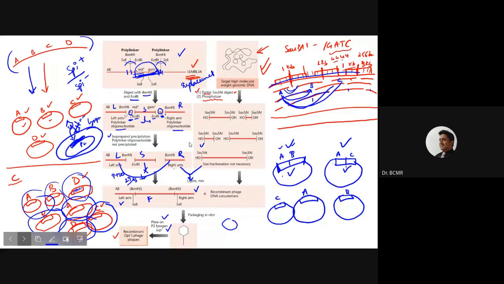Okay. So one needs to generate a large number of clones to ensure that each of the genetic elements is represented at least once. If any one of the genetic elements is missing, that is not represented in that clone, then it is not a complete genomic library.